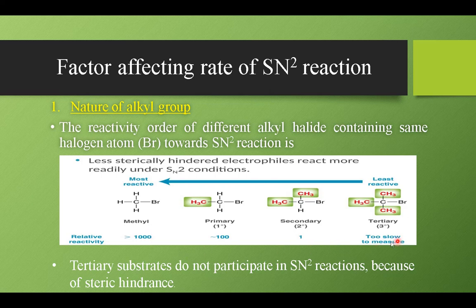Then why does primary alkyl halide usually favor SN2 reaction but tertiary substrates do not participate in SN2 reactions? This is because of steric hindrance. Since the nucleophile attacks the alkyl halide from the backside, the less sterically hindered substrate reacts more readily under SN2 reaction.